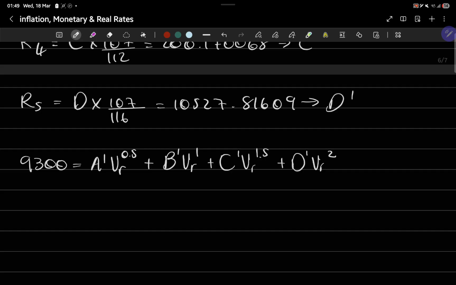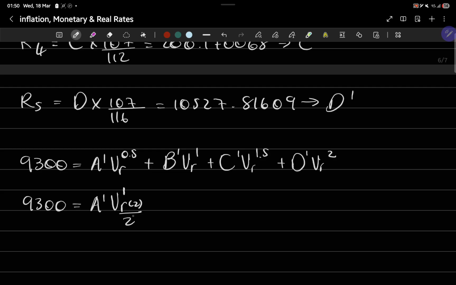Okay, now a useful trick when using this, because you're obviously going to use your financial calculator to solve this, is that it puts the cash flows at discrete natural times, i.e. 0, 1, 2, 3, and not the decimal times, the ones in between, or rational times 0, 0,5, whatever. You can say 9,300 is equal to A prime V1, but this will be the semi-annual interest rate.